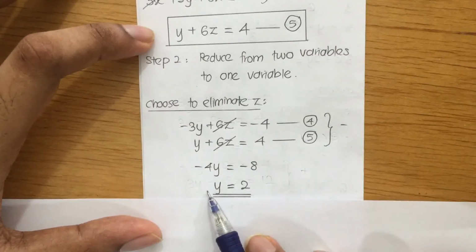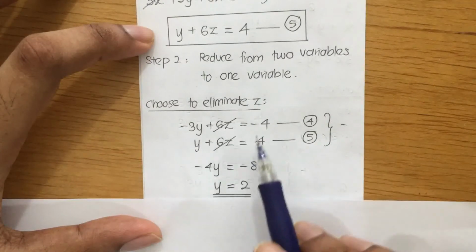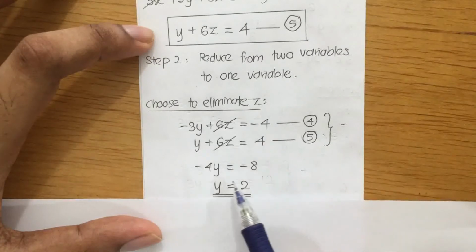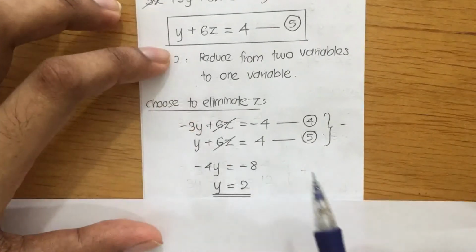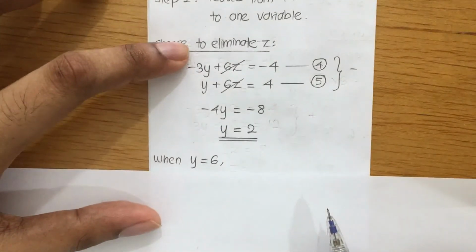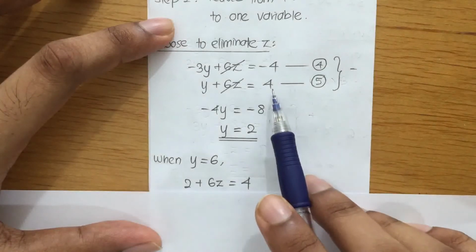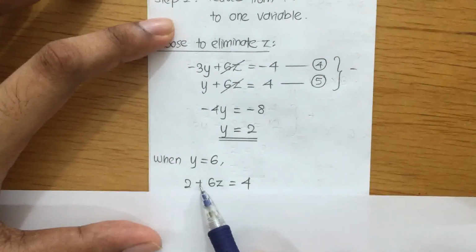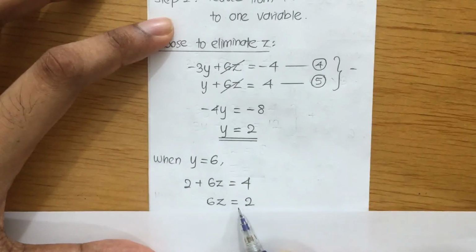Once you get your y, the second step is to find our z value. We need to substitute our y value into either one of the following equations, guys. When y is equals to 2, I choose to substitute in the fifth equation. So 2 plus 6z is equals to 4. 6z is equals to 2.